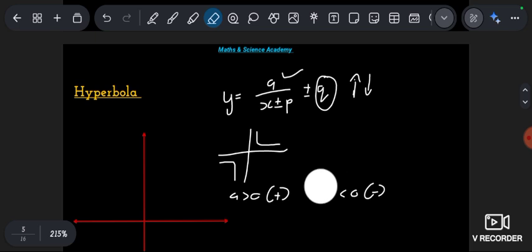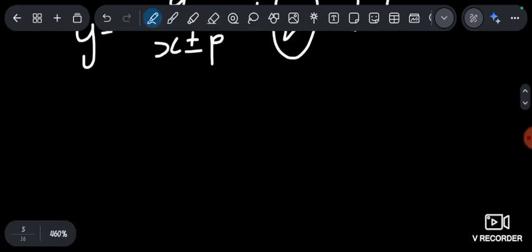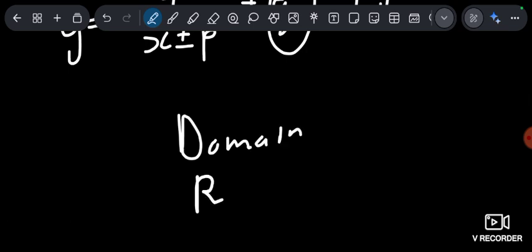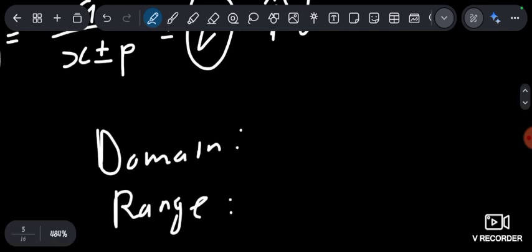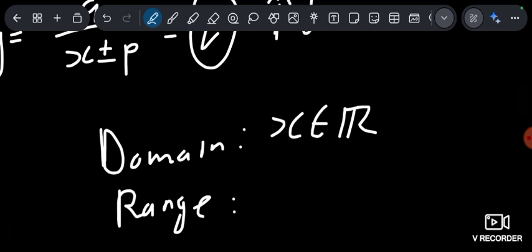Now, the one thing that you must know is that the domain and the range are also the same as the others, right? But here, for the domain, you just say x is an element of the real numbers, but x must not be the vertical asymptote.